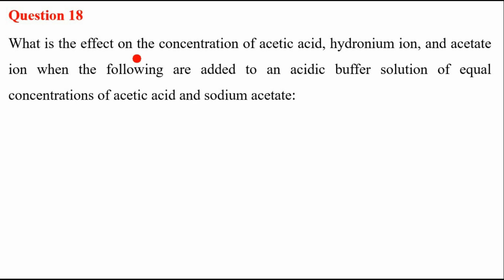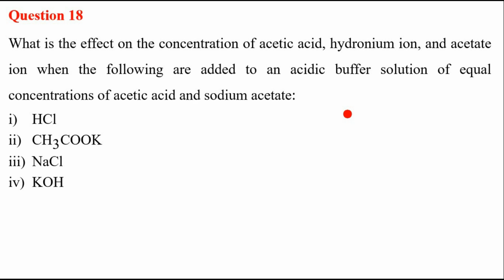So we have the buffer solution which has the acetic acid and the acetate. They have equal concentration, and they are asking what will happen to acetic acid, hydronium ion and acetate when you add the following components: HCl, CH3COOK potassium acetate, sodium chloride, potassium hydroxide, and CH3COOH.